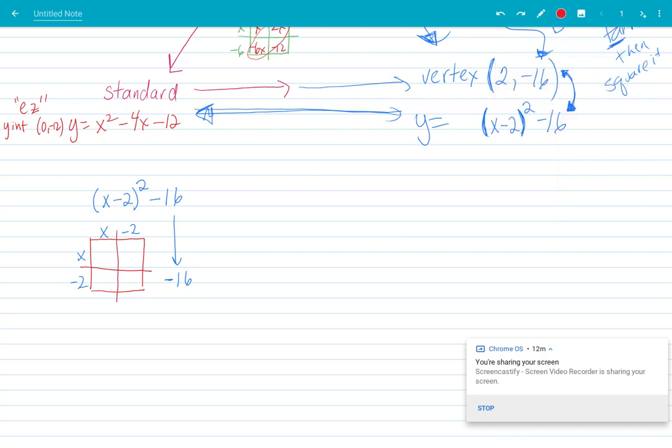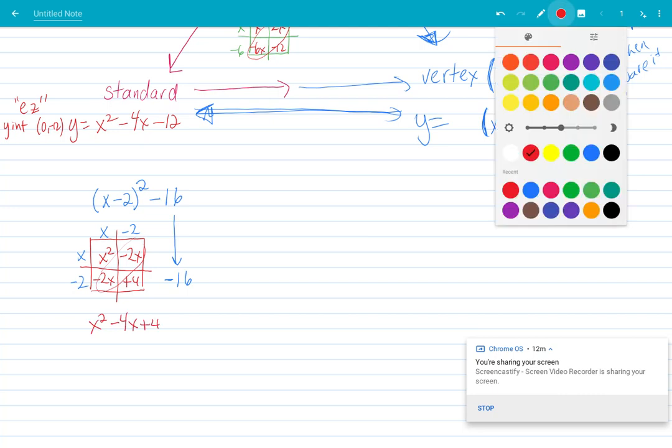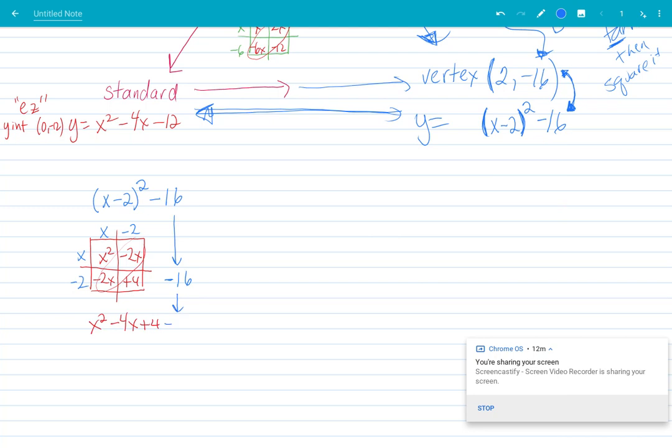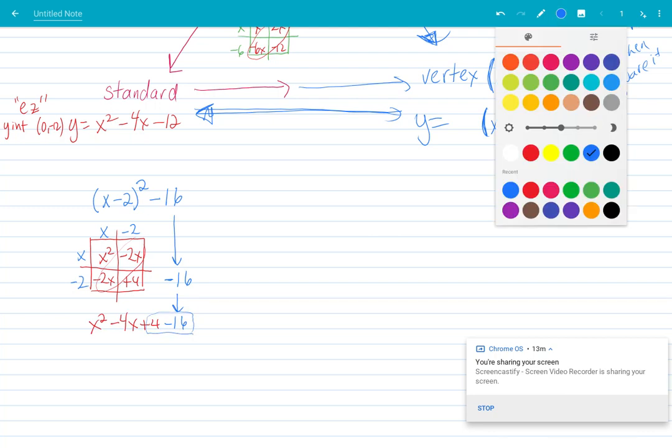Red means standard form, right? x squared minus 2x plus 4. And now we can combine these two. So we get x squared minus 4x plus 4, and then minus 16. Don't forget that minus 16. Now we can combine these two right here. So what do we get?